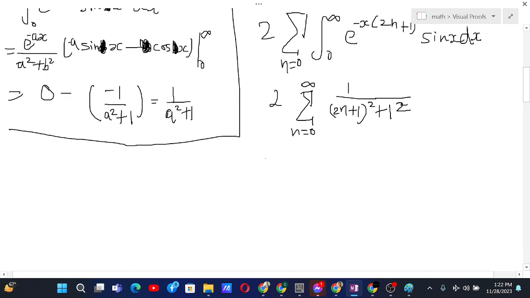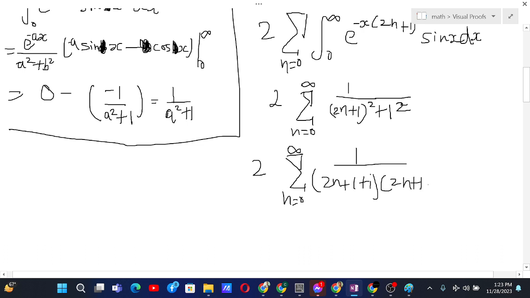And to break it down into partial fractions, we can consider the use of complex numbers. We can basically make it a minus i square, and then we can have 1 by 2n plus 1 plus i, and then 2n plus 1 minus i.